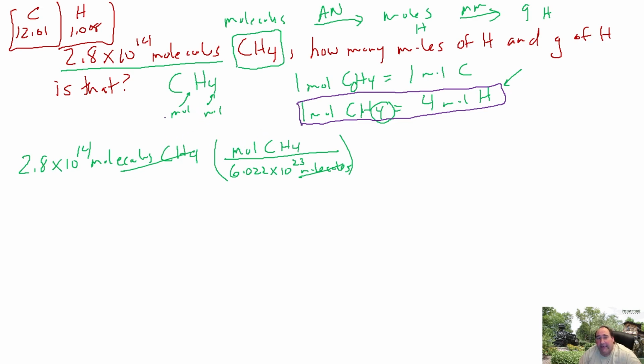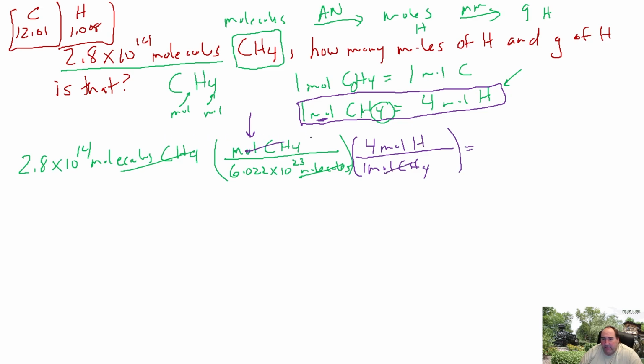The reason I needed to do this first conversion is to get it into moles of CH4 so that they will cancel. If you did not do that, the units will not cancel correctly. So now we want to get rid of the moles of CH4, and we want to end up with moles of hydrogen in this case, which is 4.